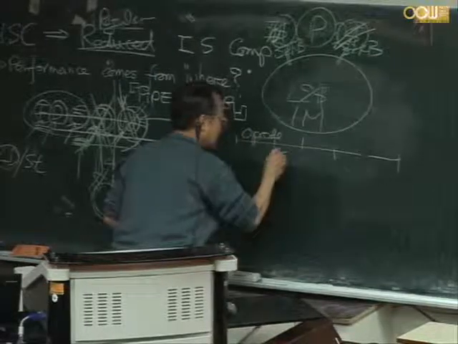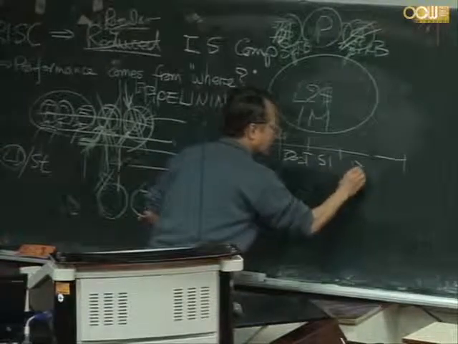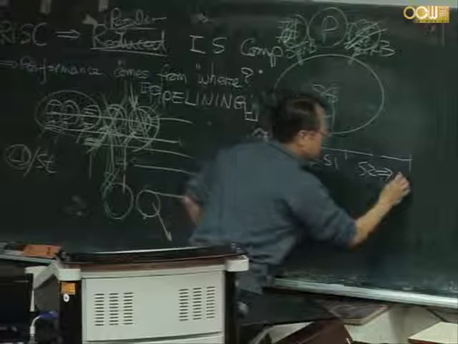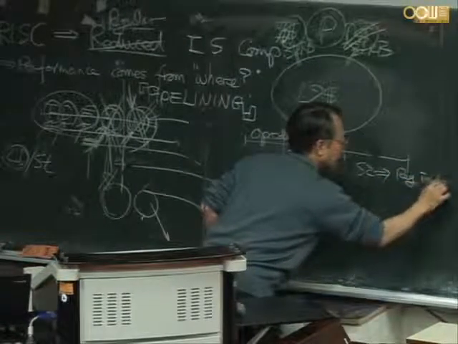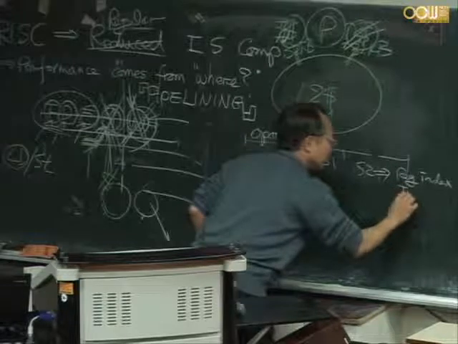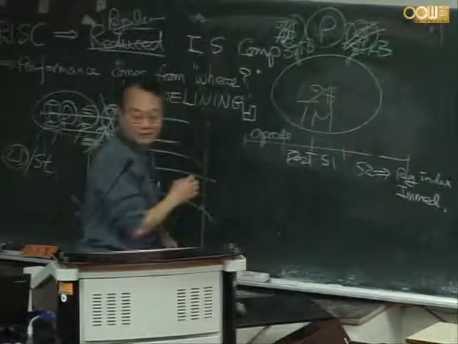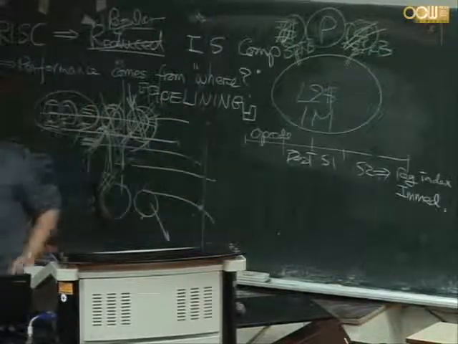Put destination first, and then source 1, and then source 2, which may be a register index or immediate, depending on what the opcode says.